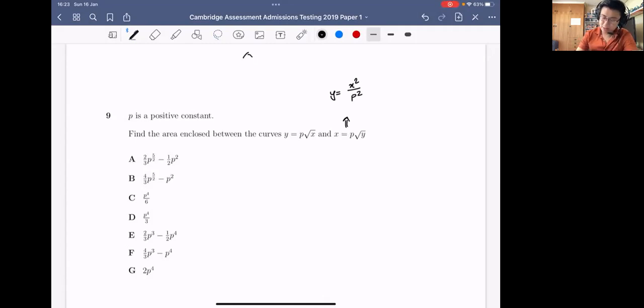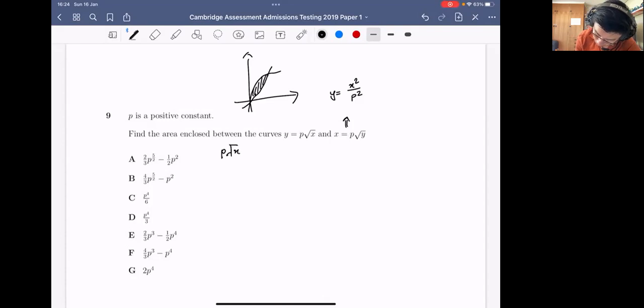Then I guess the area enclosed will probably look something like this. And this is the area. So that means we need to find their intersection points first.